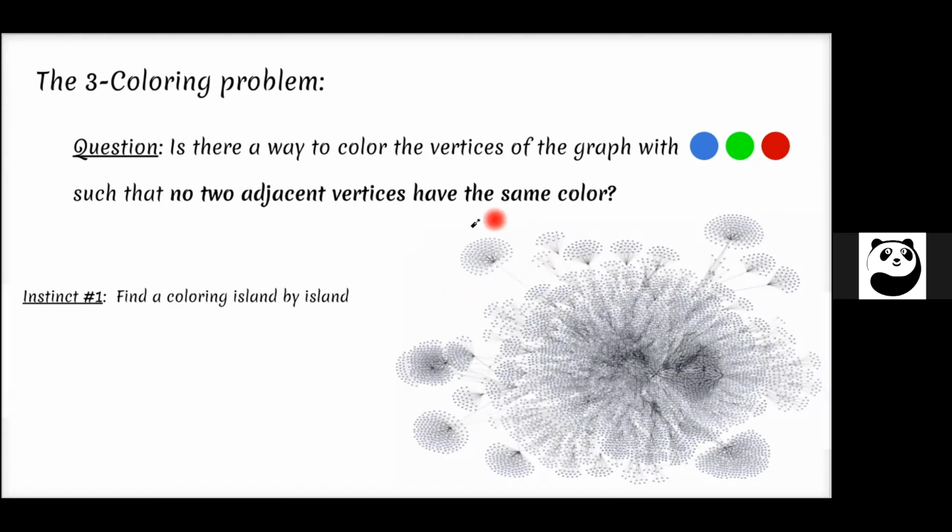So you notice that your graph has lots of islands, so I'm going to start coloring those independently. And then I'm going to start trying to plug the islands together.